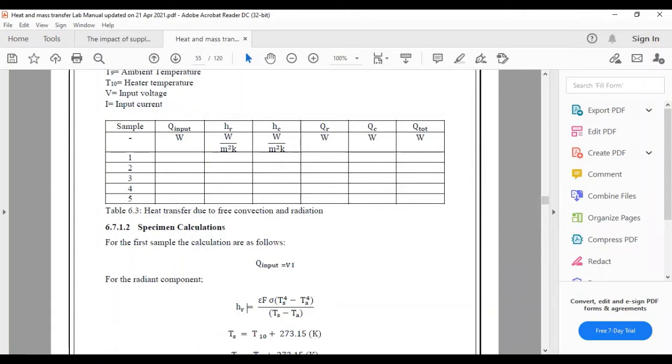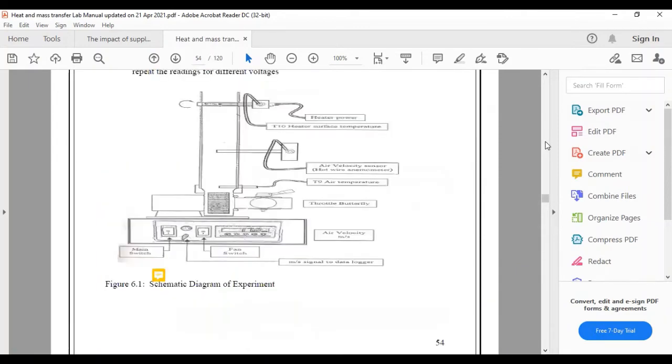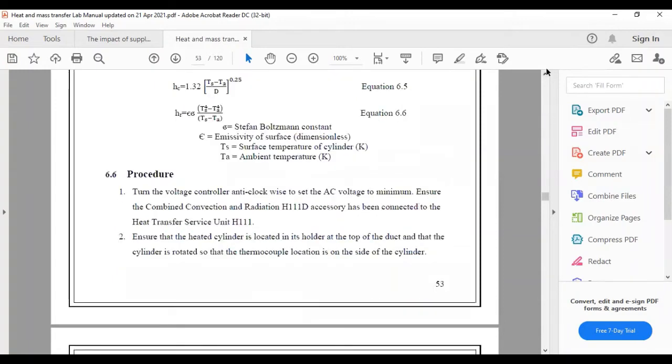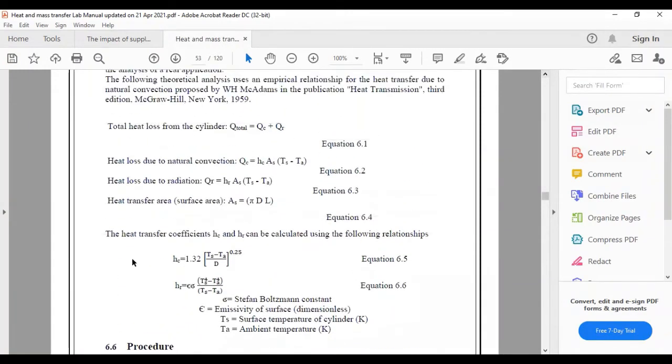And now for this HR and HC, I will show you the formulas we will use here. This is the HC and this is HR. So for this HC, we have the value of 1.32 into (Ts minus Ta) over D, all to the power as shown. Now, what is Ts? This is the temperature of source. We are using the heater here, and that's why that reading is T10.